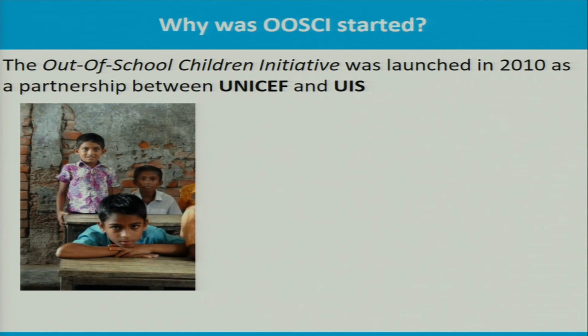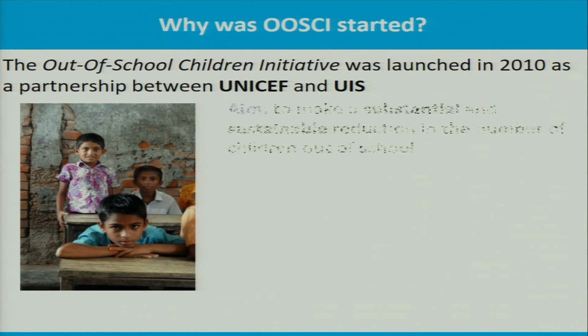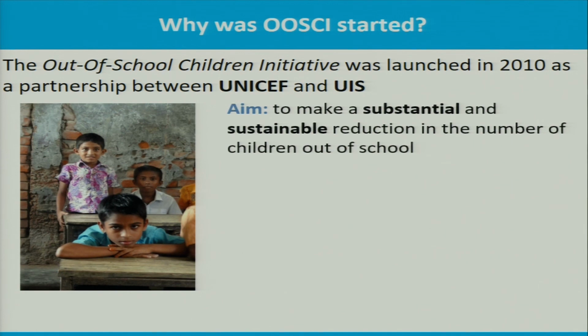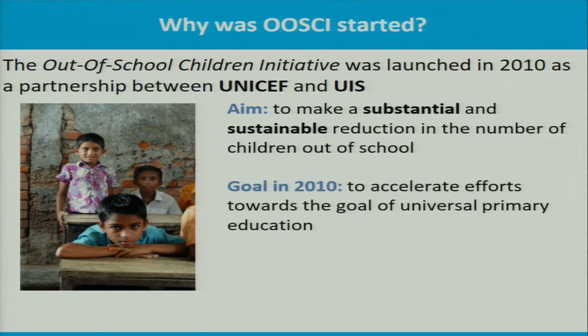The OOSCI initiative was launched in 2010, and as mentioned, it is a partnership between UNICEF and UIS. The goal is to make a substantial and sustainable reduction in the number of children out of school. Primarily, the goal in 2010 was EFA Goal 2, or MDG Goal 2, universal primary education, or UPE.